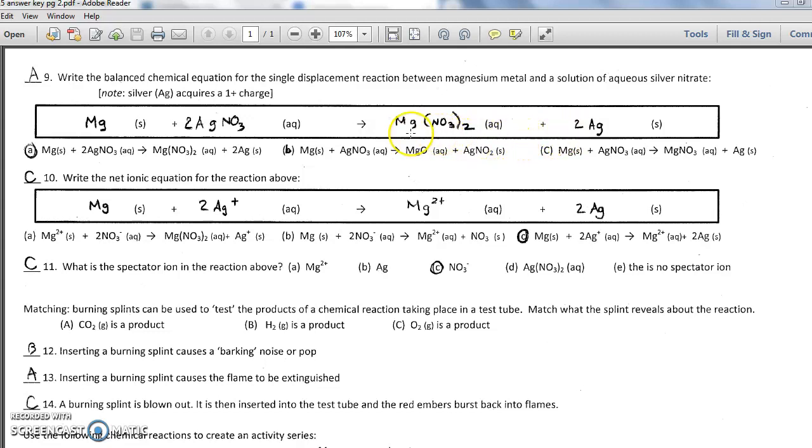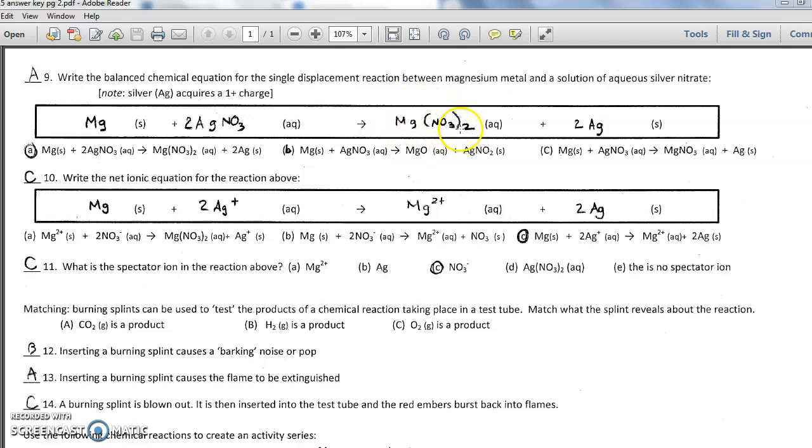Now, when we're looking at this, where do I get the formula Mg(NO3)2? Well, magnesium's an alkaline earth metal. It's in the second family, Roman 2. It's 2 plus, crisscross the charge down there. Nitrate ion stays 1 minus, crisscross the charge down there. So we end up with 1 magnesium floating around for every 2 nitrate ions.